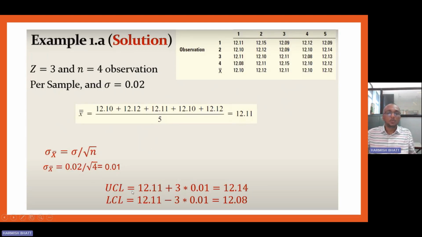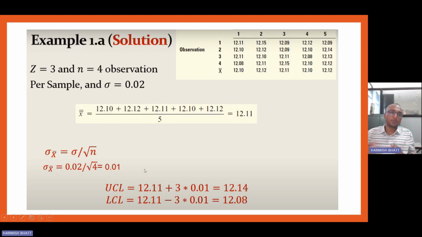So over here, UCL is equal to x double bar, which is 12.11 that we found out earlier, plus z. The value of z is 3, multiplied with sigma x bar, which is found out as 0.01. So 3 into 0.01 plus 12.11 will give us the value of 12.14. And LCL is nothing but 12.08.